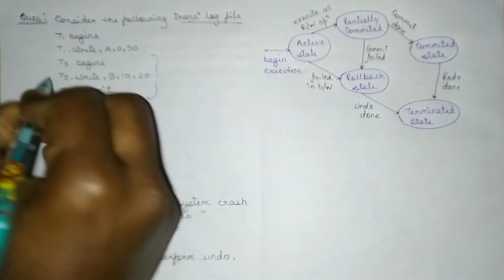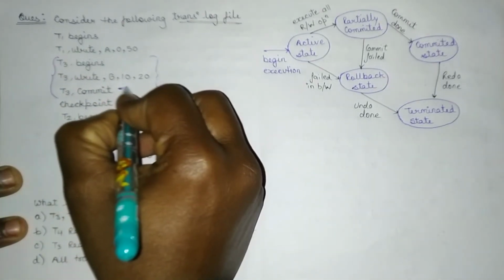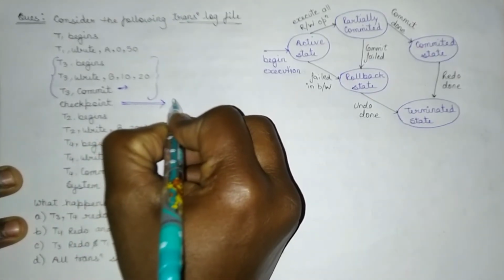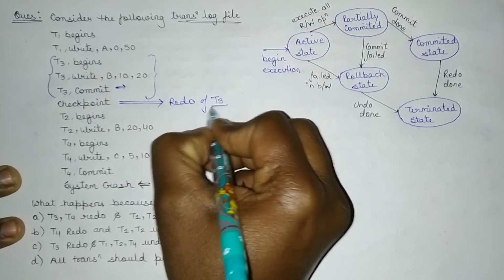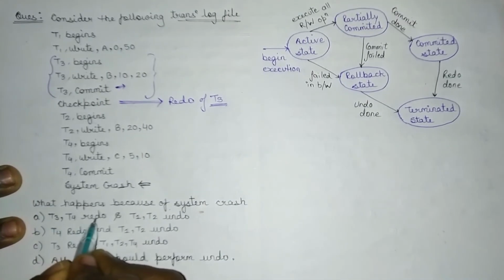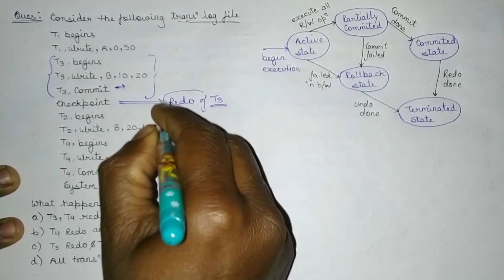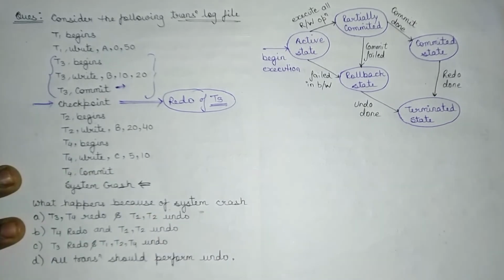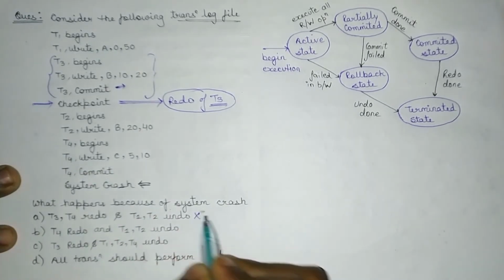So here you can see that T3 has been committed, and if it is committed, then at the checkpoint the redo of T3 is done. So T3 redo will not happen at the system crash, because the T3 redo has already been completed at this particular checkpoint. So this is the wrong option, right?